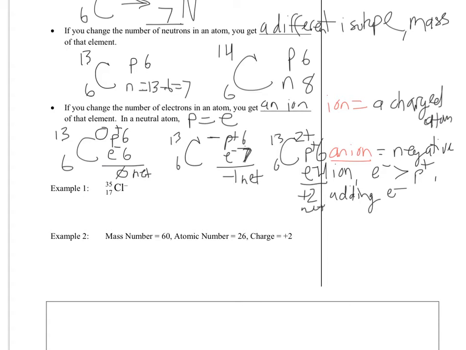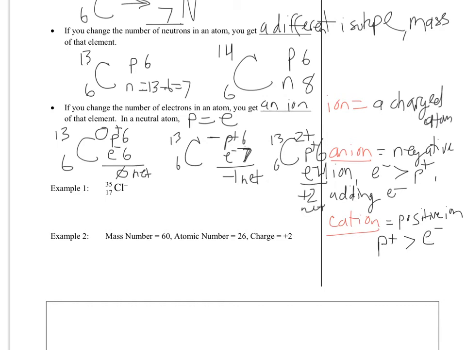That is called a cation. It's not called cation, and it's not called anion, like onion. It's anion and cation. And a cation is a positive ion. In that case, we have more protons. The protons outnumber the electrons.